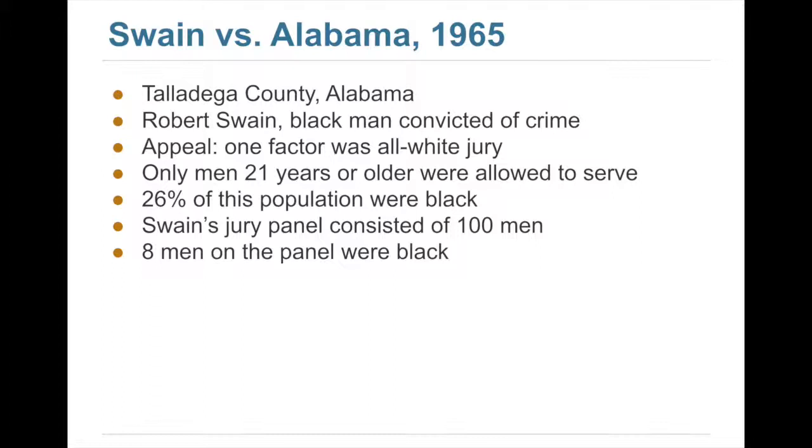And what happened in this case, there were a whole bunch of fairly egregious facts. It came from a county where at the time 26% of the population was black, and yet the final jury had zero blacks on it. There was a bunch of evidence supported by the defense attorney to suggest potential bias at multiple stages of the process.